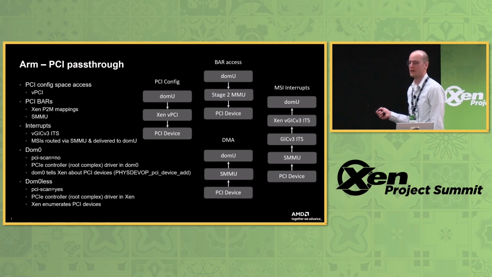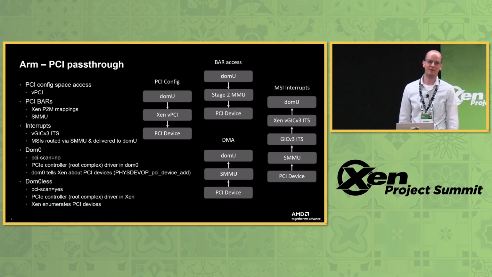So when a guest tries to access the PCI device memory, it'll get translated by the stage 2 MMU in the ARM core, and then finally reach the PCI device's defined memory region.